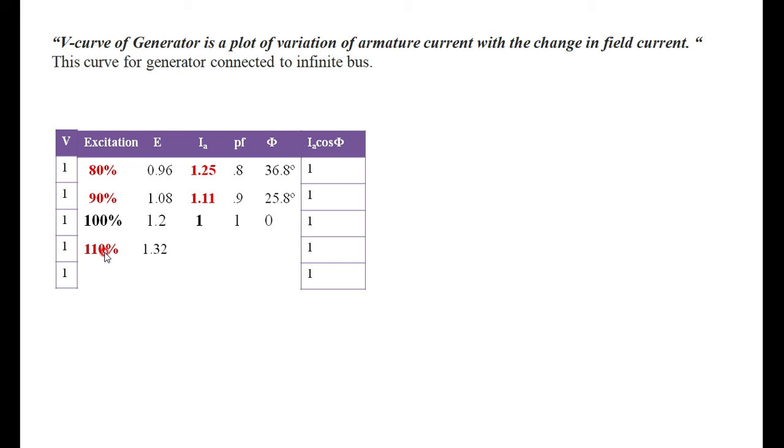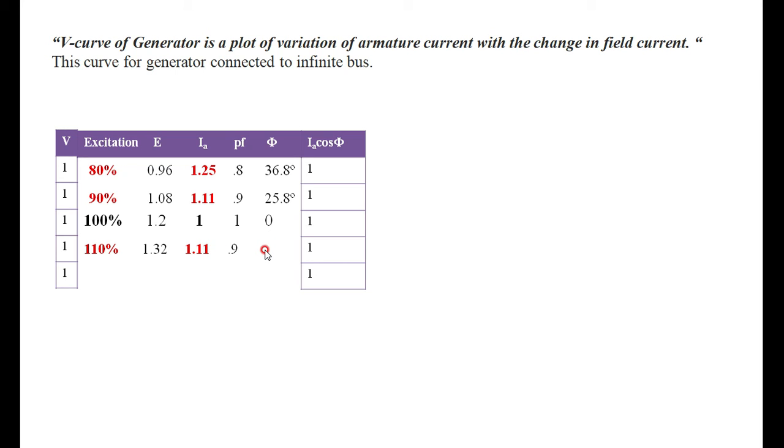Then, because of this increase in the excitation, my power factor is changing to 0.9. I am considering here 0.9. Then once again, Ia cos phi is 1, therefore Ia is 1 by 0.9, which gives 1.11.